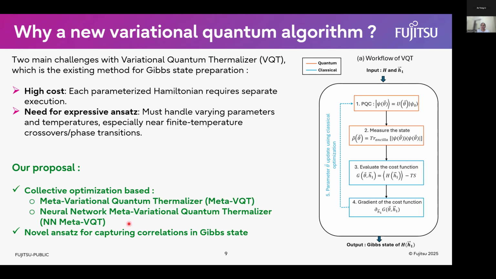The second is a neural network based model, known as the neural network meta-variational quantum thermalizer. The ansatz designed in both of these algorithms are also designed in such a way that they are able to capture the complex correlations arising in the Gibbs state.